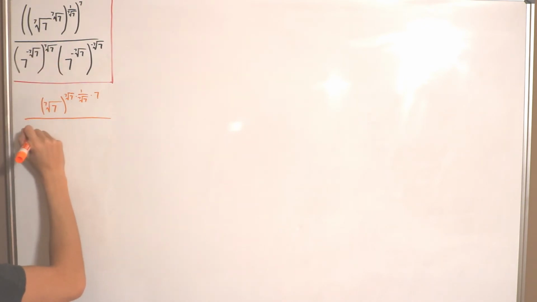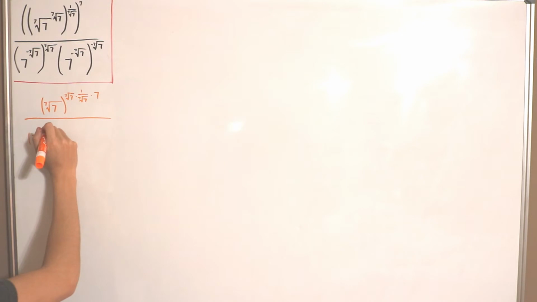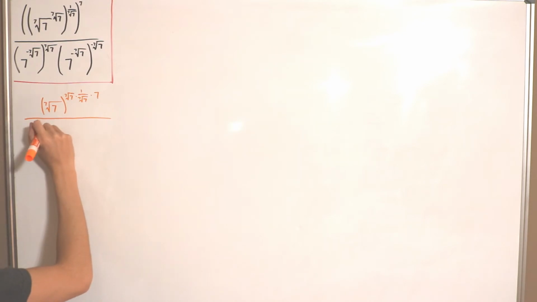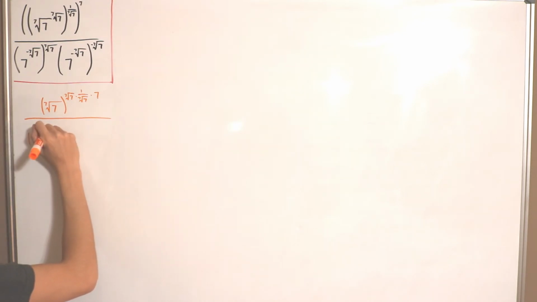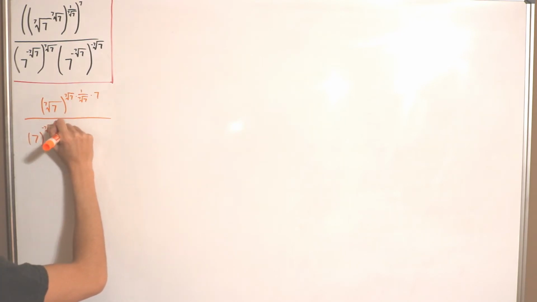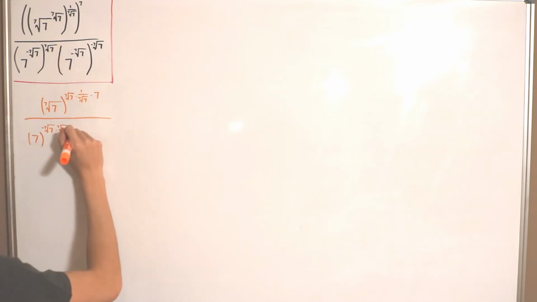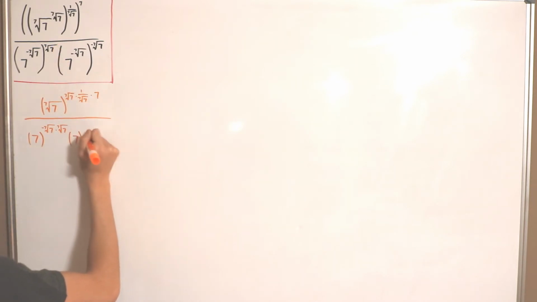So we have 7, and then to the power, let's see, I can just keep this the way it is. This is the negative 7th root of 7, then multiplied with the 7th root of 7 to the 7, and that's also being multiplied with 7.